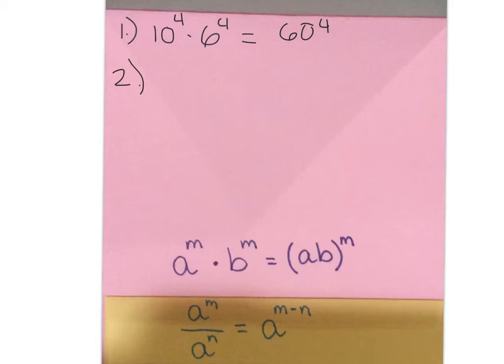The second one I'm going to look at is if there are variables, like n to the 5th times z to the 5th. Again, keep the exponent and multiply the bases: n times z, and it's all to the 5th.